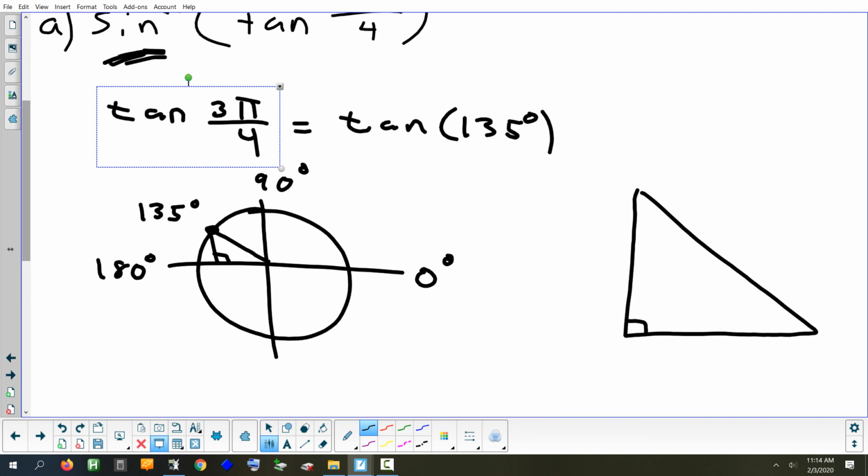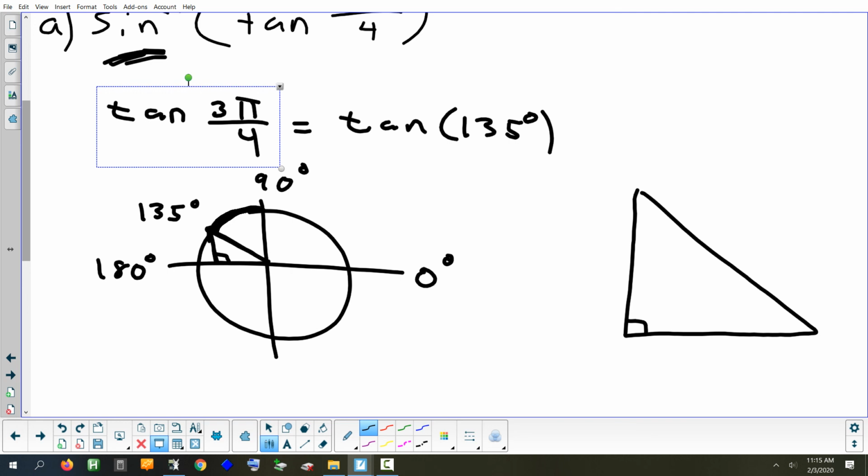Now, first thing we have to recognize is what kind of triangle is this? I mean, it's a right triangle, but I'm thinking about angles. I know one of them's a 90, but how about the other two? 90, 30, 60, or the 30 and 60 are the other ones. Well, figure out what this angle is.